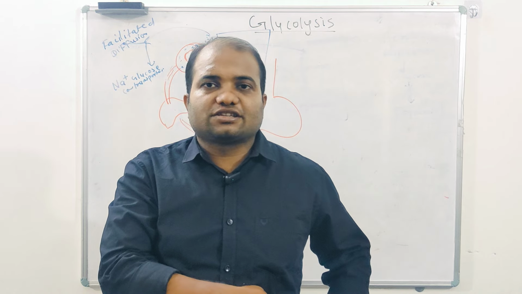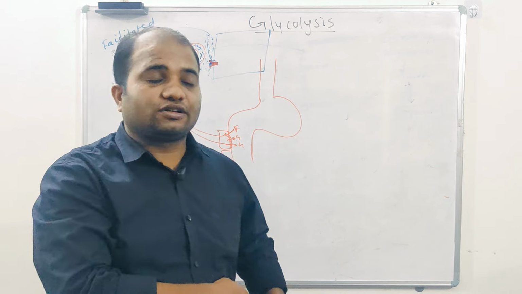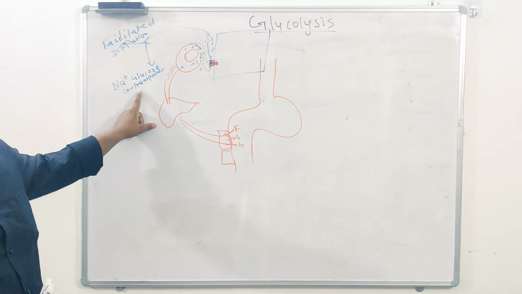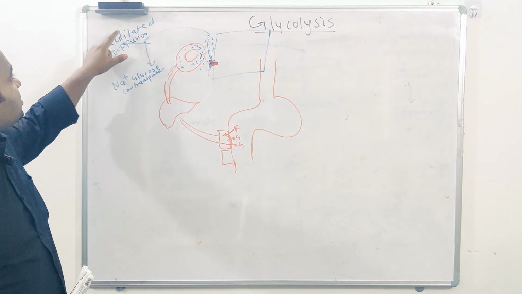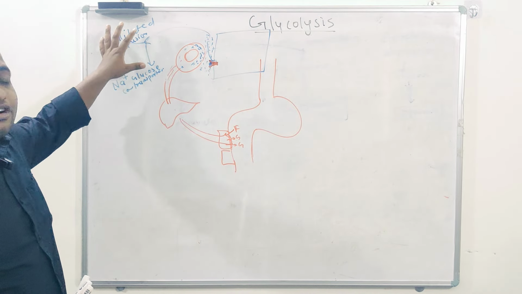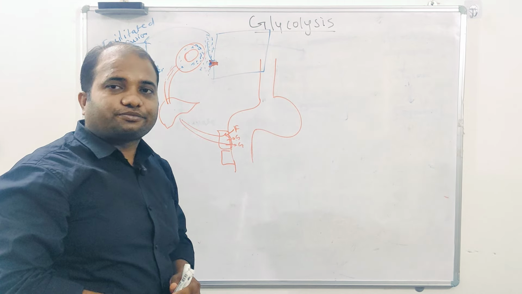In the kidney you can easily see this cotransporter, where both are transported. But most of the time we see facilitated diffusion. So these are the two ways glucose moves inside the cells.